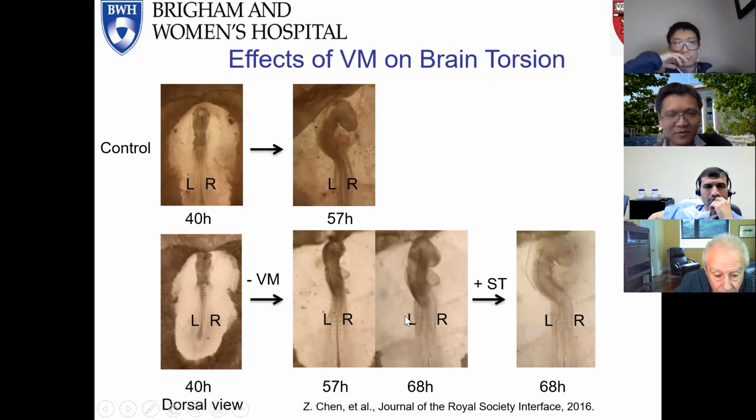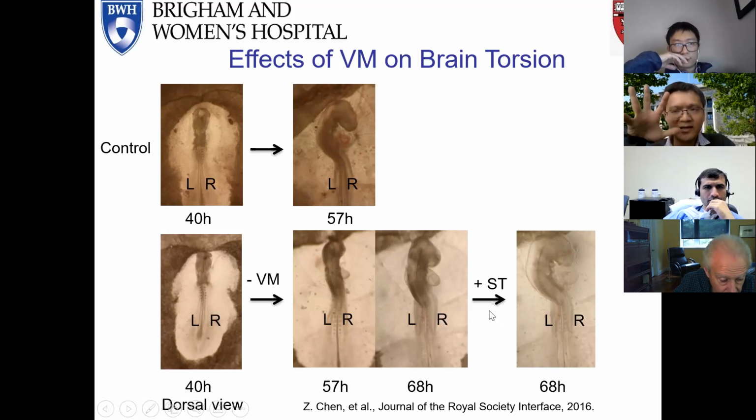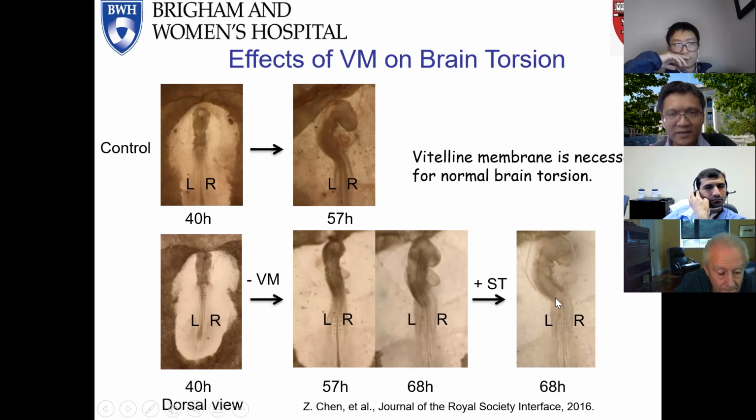And now if we keep culturing the embryo for 11 hours, the brain twists a little bit more, to about 43 degrees, but still is almost half of the twisting it otherwise would have achieved. And at this point, we can still apply an alternative force that can cause the brain to immediately twist to 90 degrees. And I'm going to show you on the next slide.